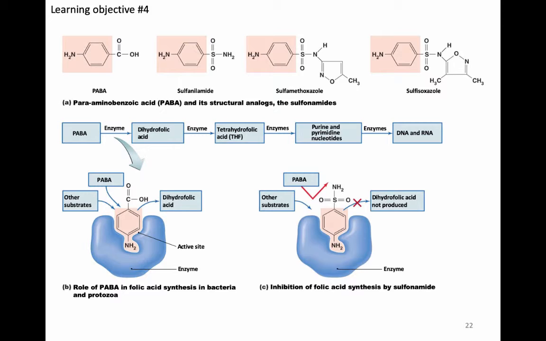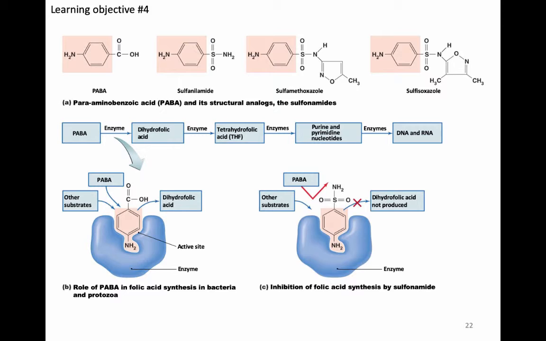But in part C, we see the enzyme with a sulfa drug bound rather than PABA. So the sulfa drugs are a competitive inhibitor for PABA binding to its enzyme. When the sulfa drugs are bound, PABA can't bind to the enzyme, so folic acid is not produced and the bacteria is unable to make DNA or RNA.